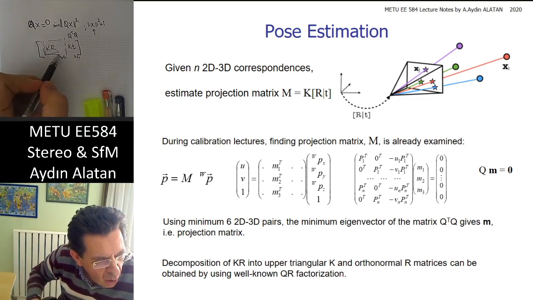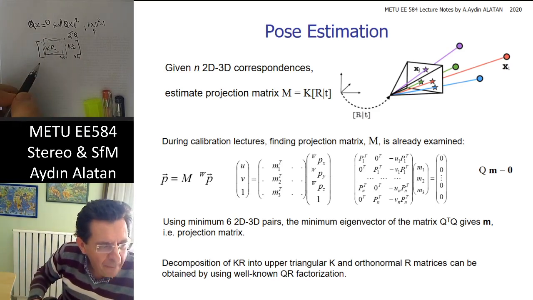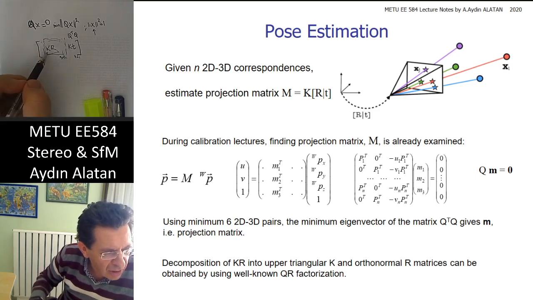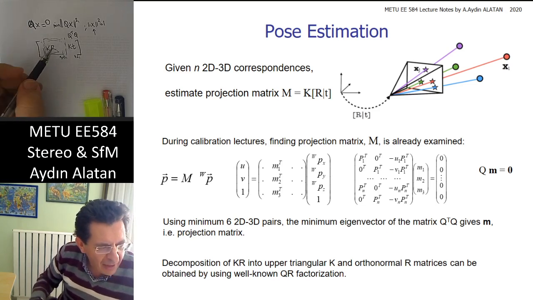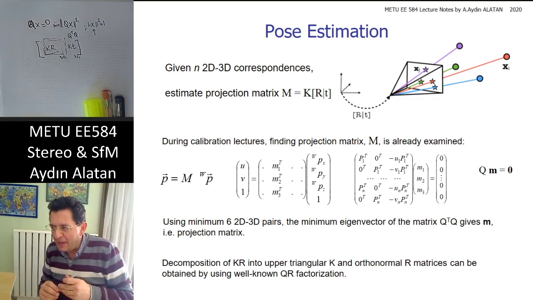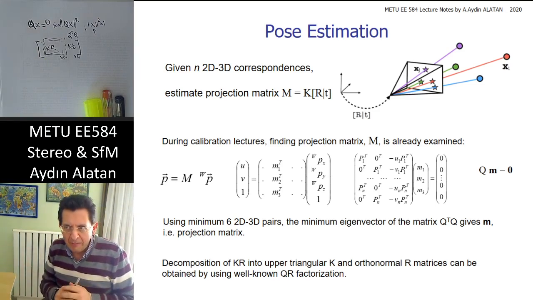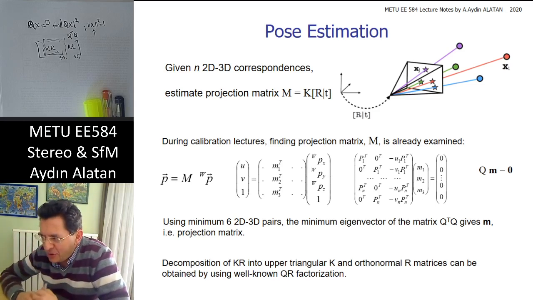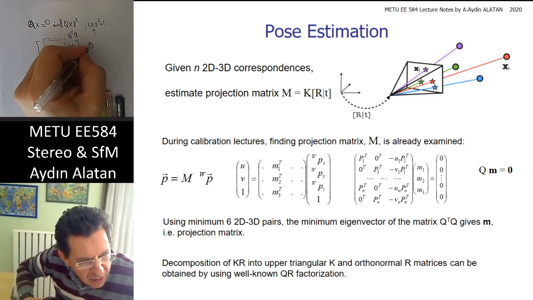Now please note, after finding M, the 12 parameters, through this solution, this 3 by 3 matrix can be decomposed into an upper triangular and an orthonormal matrix using something called QR decomposition.